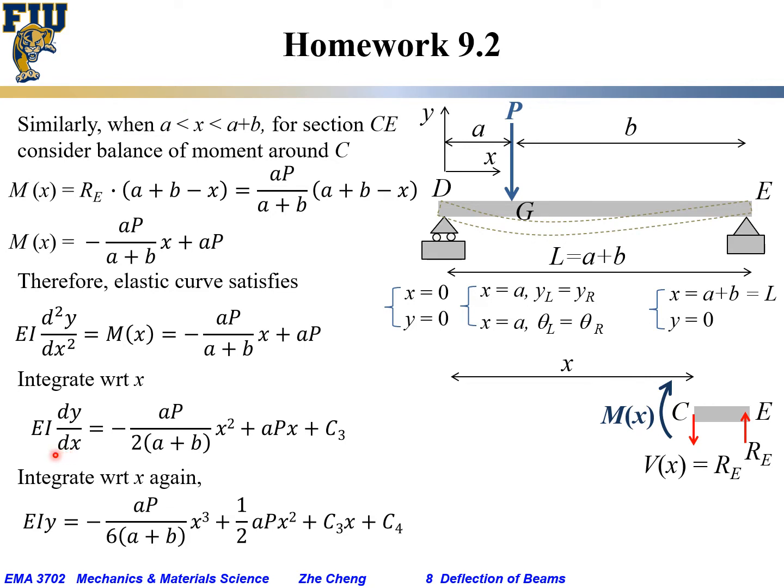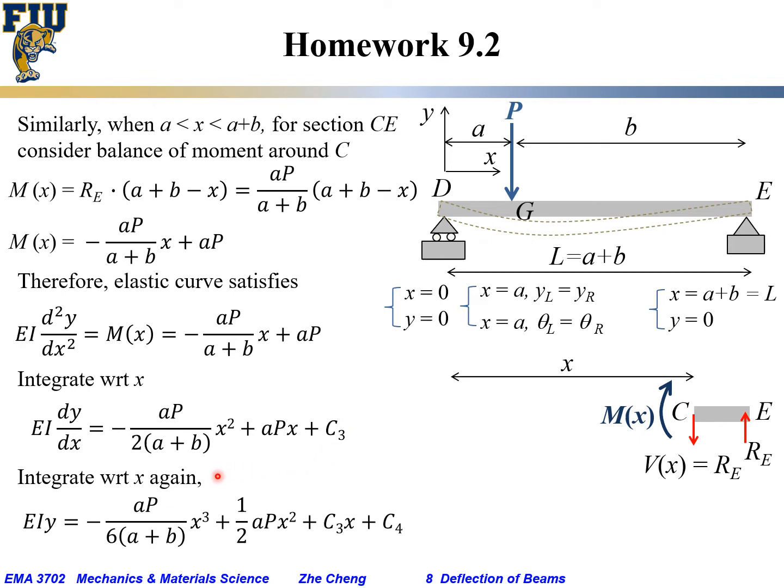We would get the local slope EI times dy over dx would be minus AP over 2 times A plus B, x becomes x squared, and then the second term AP becomes APx, and don't forget another integration constant, we call it C3.